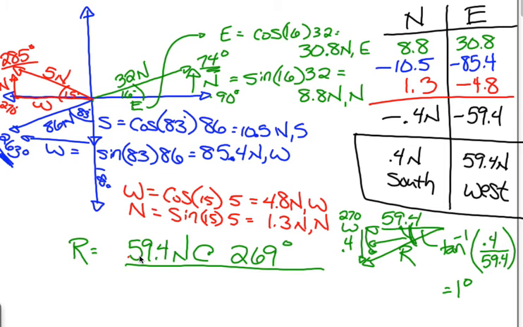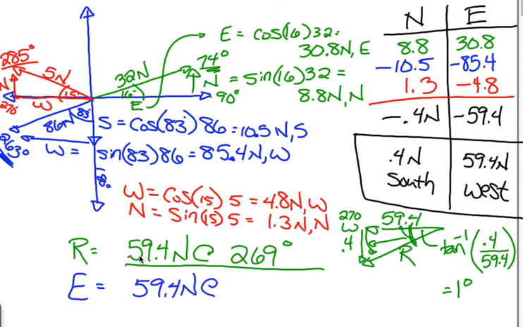Now, if I asked what is the resultant force between these three, we would stop right now. But if I asked what fourth force is going to balance these three out, then I'd say I have to change my resultant to an equilibrant. And I say, if those three together are pulling at 59.4, then I would want to pull at 59.4.